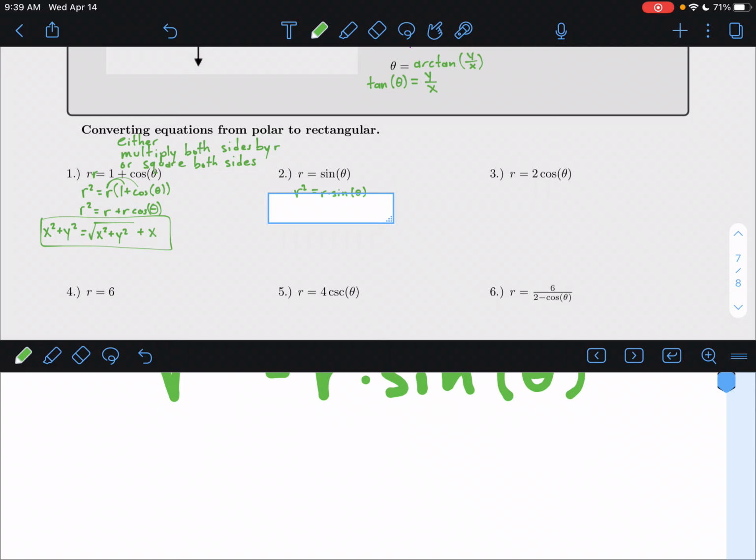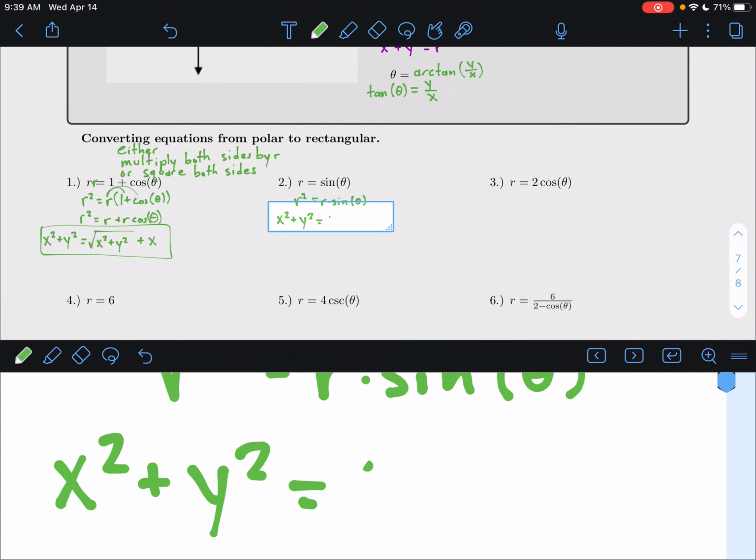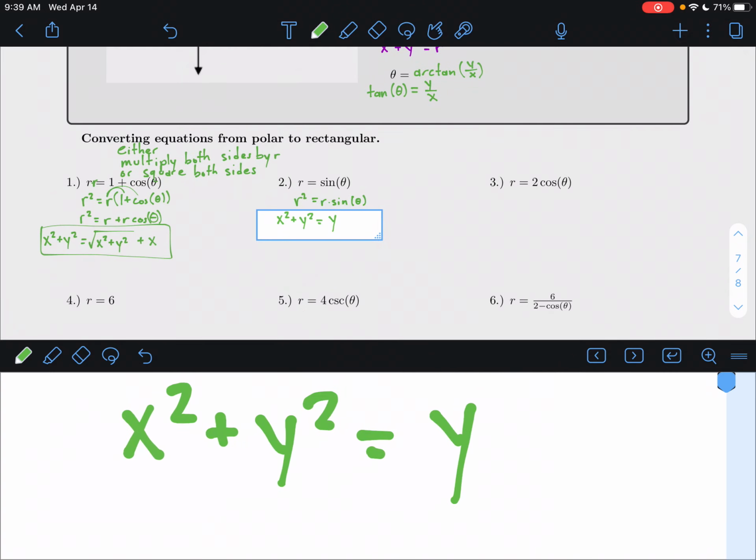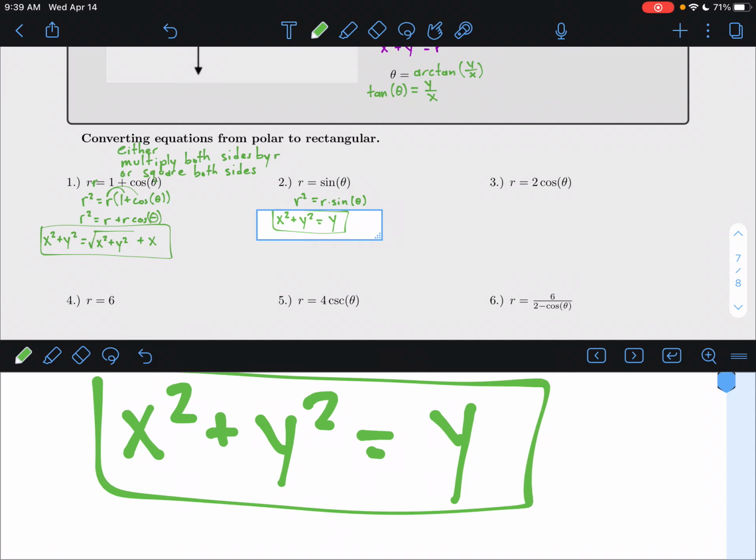So then I have x squared plus y squared equals, so r times the sine of theta is y. That's my answer: x squared plus y squared equals y. That is an equation in fully rectangular variables. Don't need to simplify it further than that. That's enough.